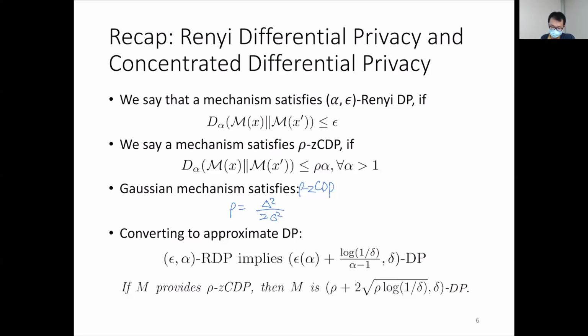And one more building block that we're going to be using today from this RDP and CDP lecture from a while ago is that both of them imply epsilon-delta DP, right? So this will ensure that we have a consistent comparison with the output perturbation and objective perturbation algorithm under epsilon-delta DP.